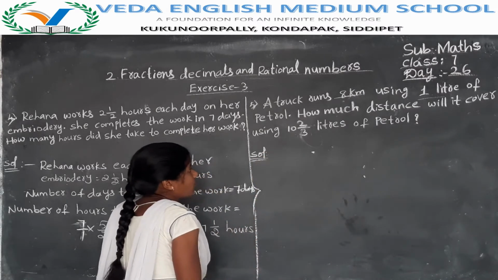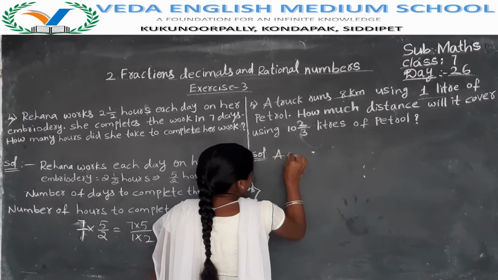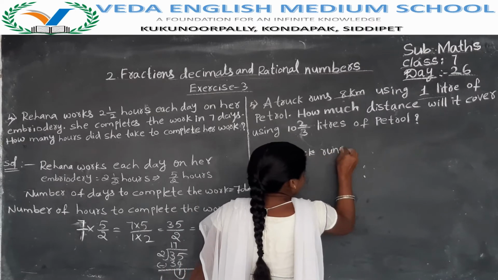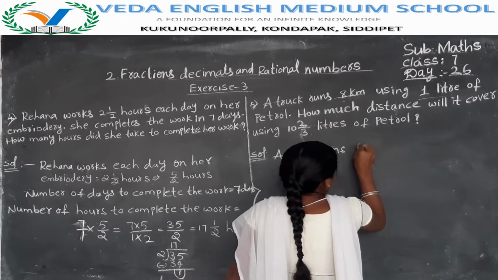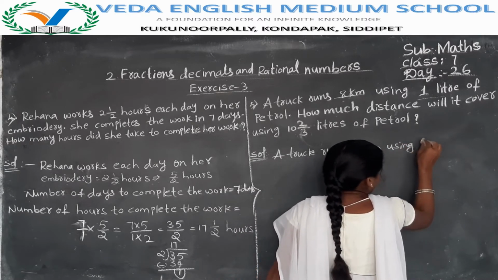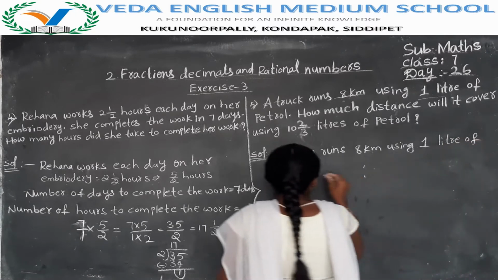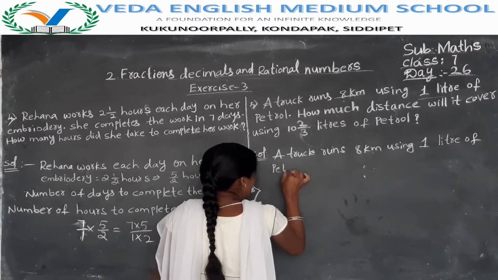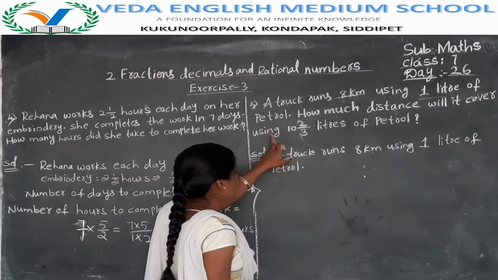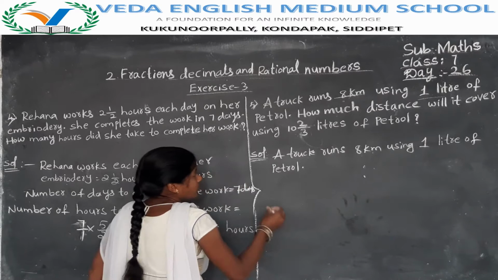A truck runs 8 kilometers using 1 liter of petrol. How much distance will it cover using 10 into 2 by 3 liters of petrol? Now, how much distance?